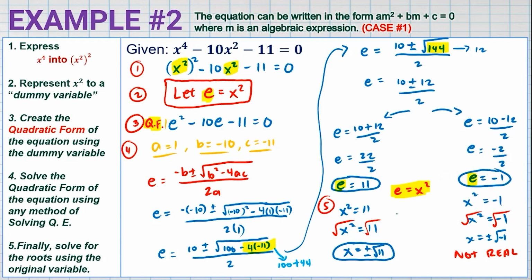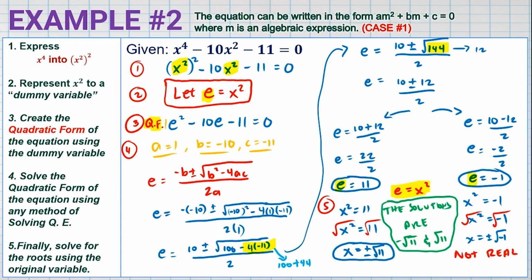So, our answers now, so the roots are, or the solutions, so mas maganda yung solutions. Ayusin natin sulat. The solutions are just negative square root of 11 and positive square root of 11. And that will be your answer for this one.